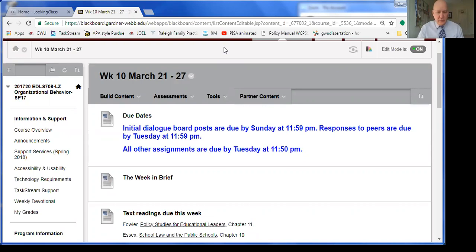In Fowler this week, Chapter 11 is about policy evaluation, determining if the policy works. On page 282, Figure 11.1 shows the basic steps of policy evaluation. What I wanted to say about this chapter overall is that I have recommended that some of you may pursue a program evaluation for your dissertation.